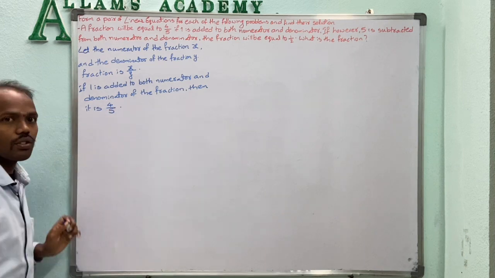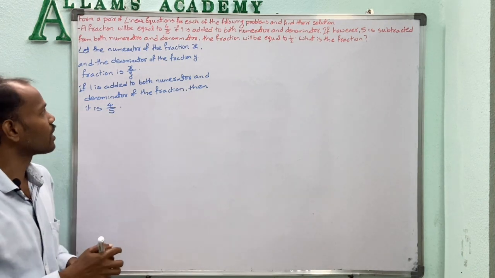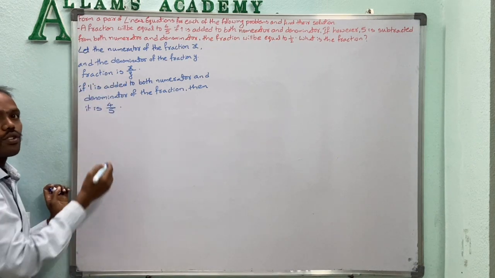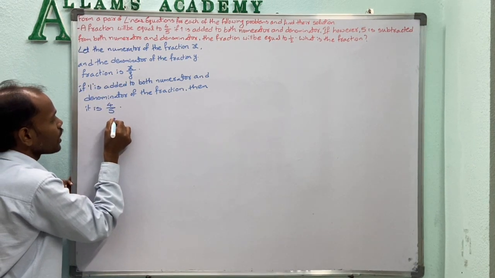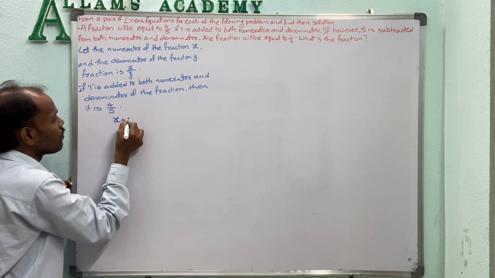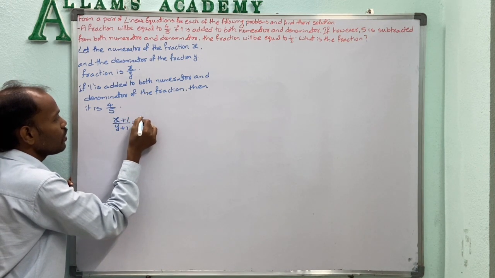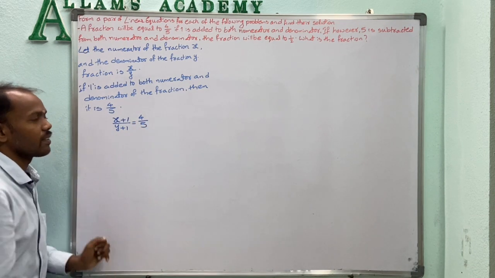It is equal to 4 by 5, given. So now 1 is added to both the numerator and denominator. So x plus 1 by y plus 1 equal to 4 by 5.